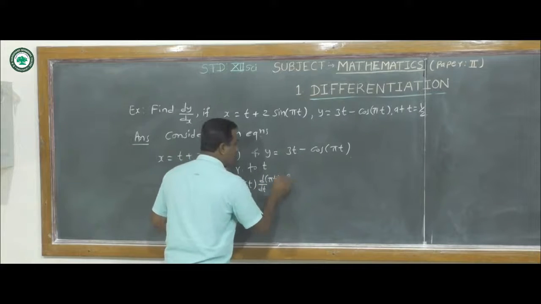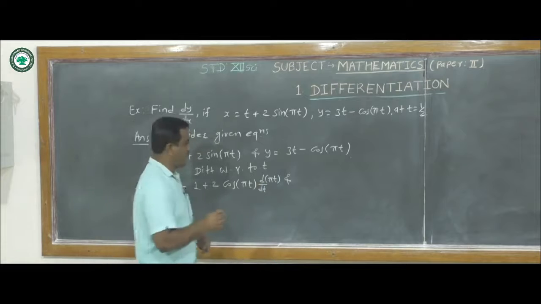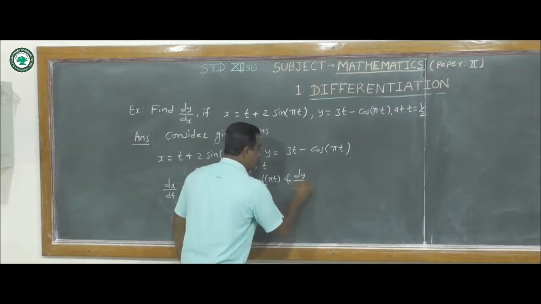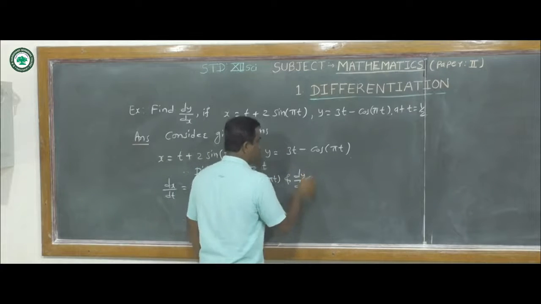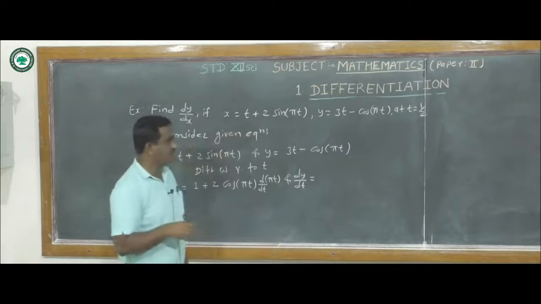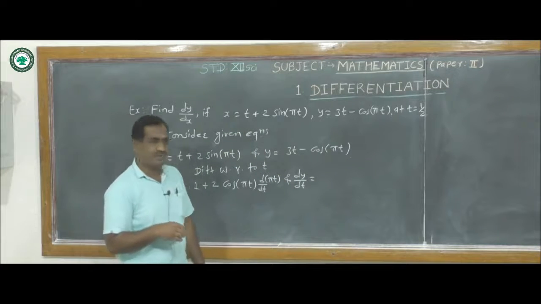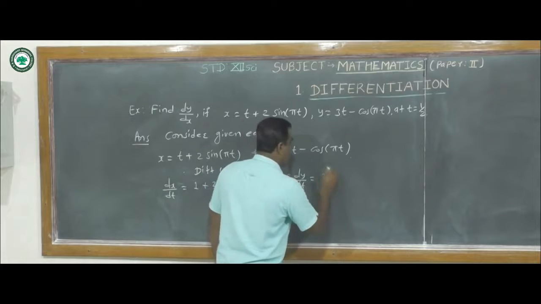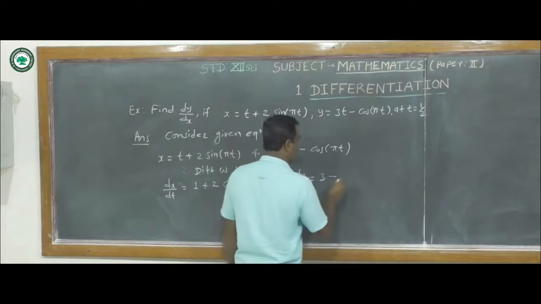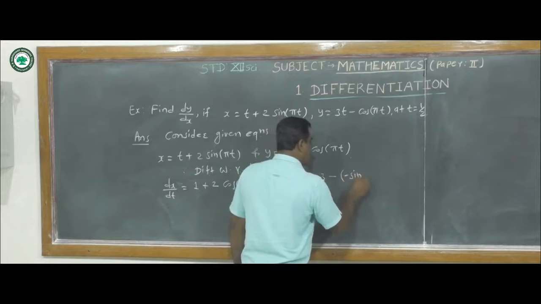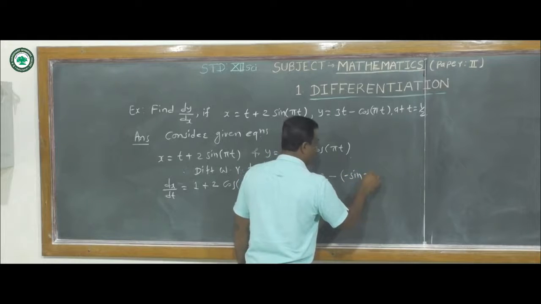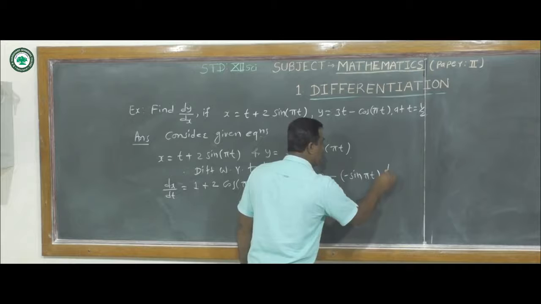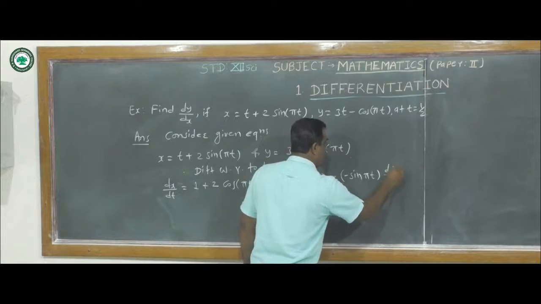And the derivative of y with respect to t, dy by dt, is equal to the derivative of 3t. 3 is a constant term, the derivative of t is 1. Therefore we can write 3 into 1 minus the derivative of cos of pi t, which is minus sine of pi t into the derivative of pi t.